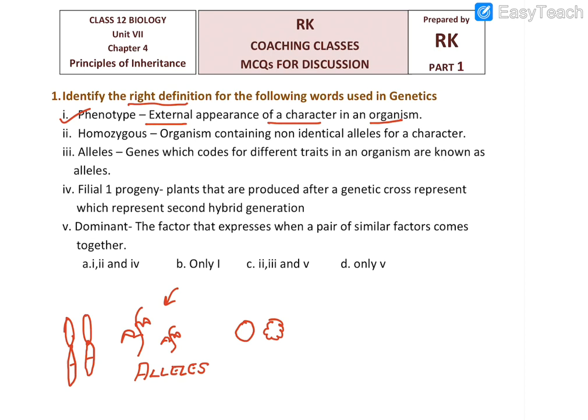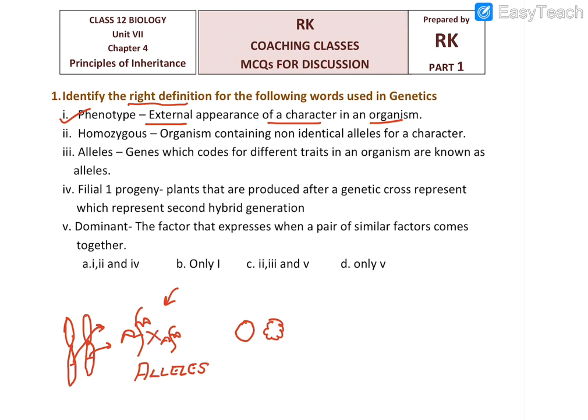In order to represent these alleles, these two genes control the same character, that is the height of the pea plant. But there are two expressions, called opposite traits or contrasting characters. The genes which control tallness as well as dwarfness should be represented. In order to represent that, these two plants are allowed for cross-pollination.